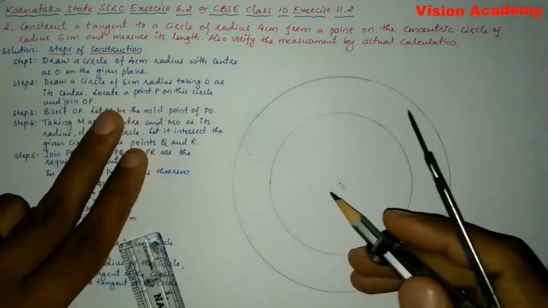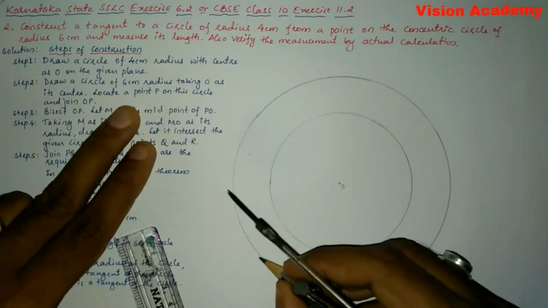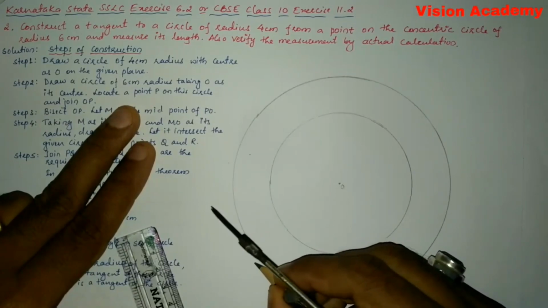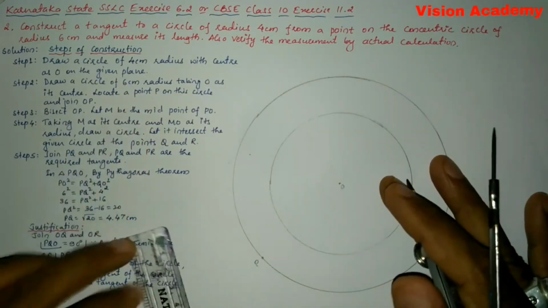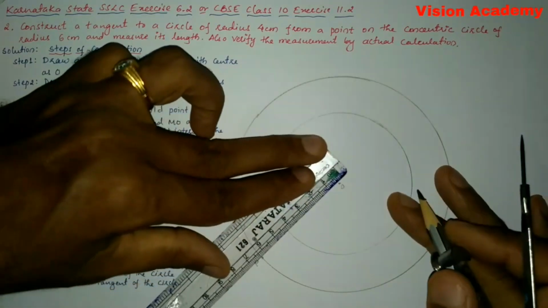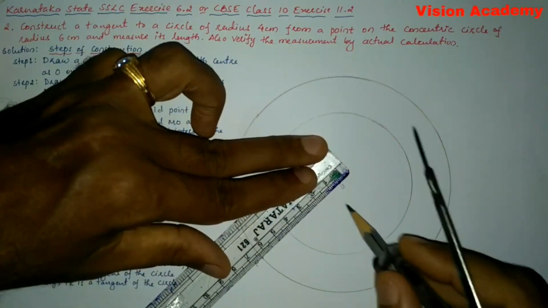In the second question they have given to locate a point P. So anywhere you can take any point and take this one as point P on this circle and join OP. So let us draw a line to join OP.